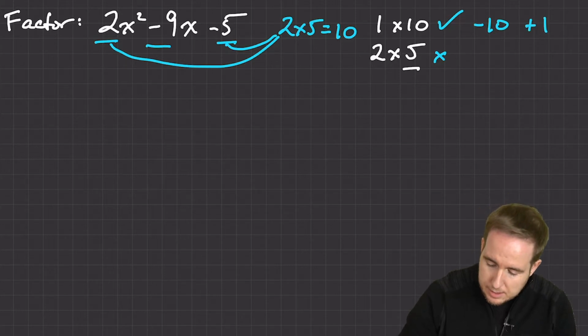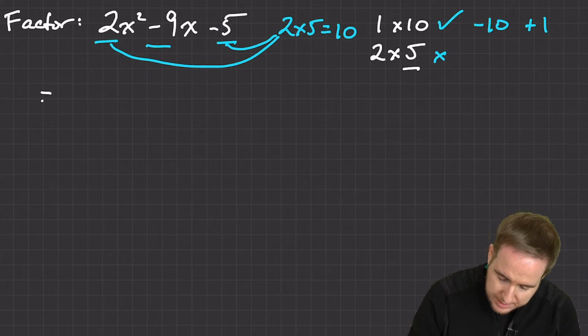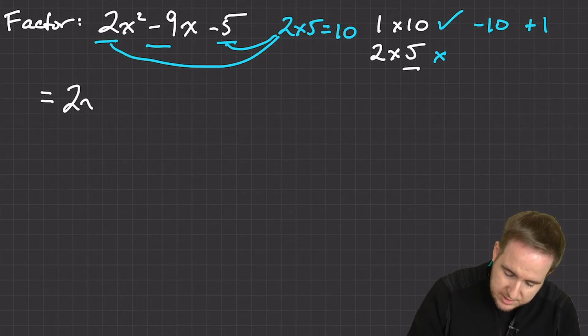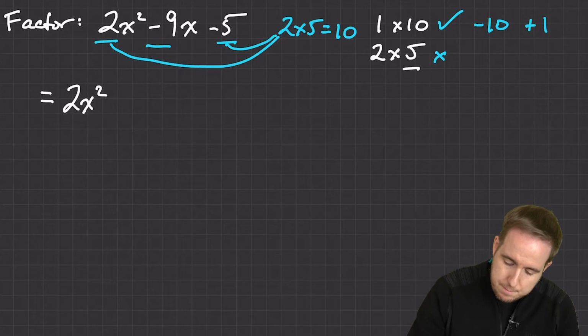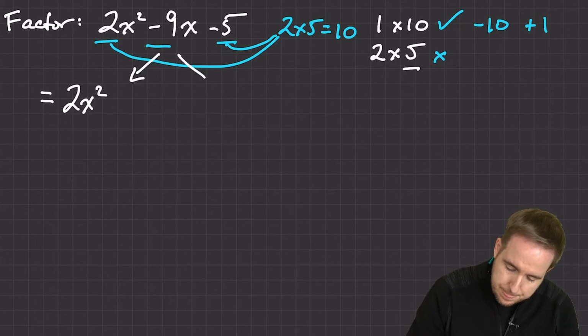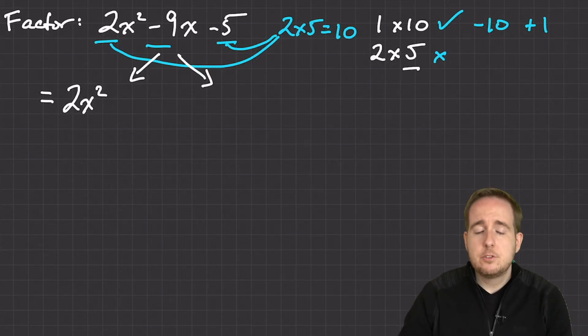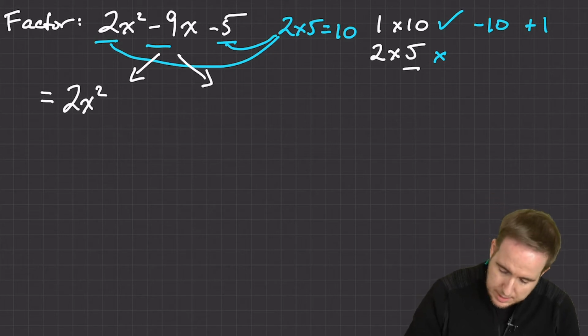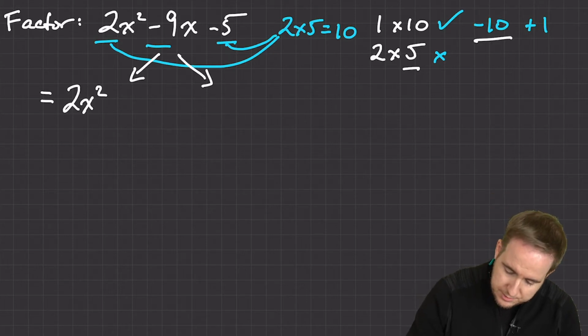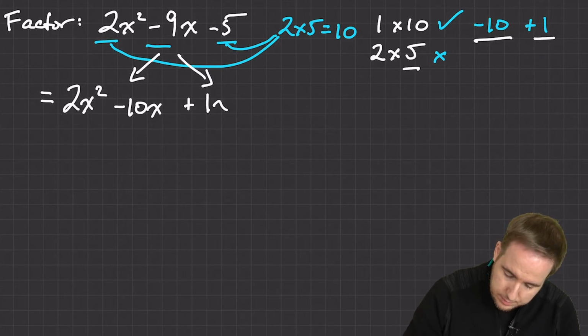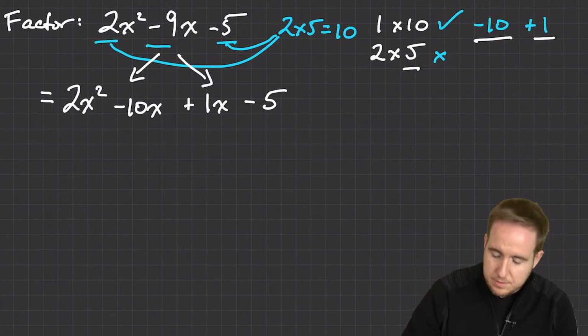Now something a little bit strange happens. The next line, the first term stays the same. The middle term is going to become 2 terms. It will become this -10x plus 1x, and then -5.